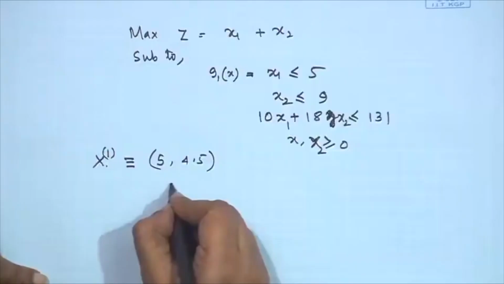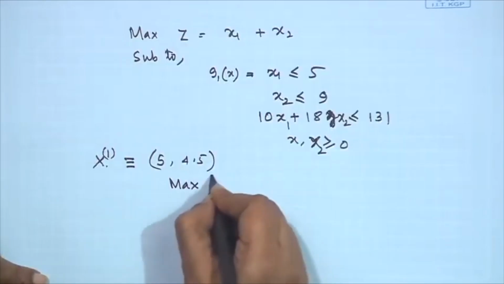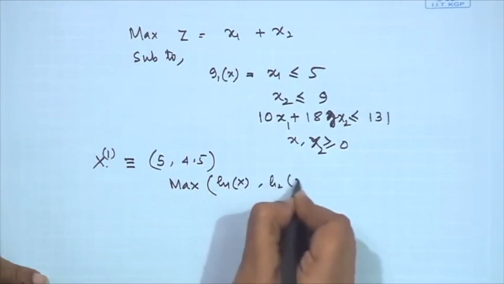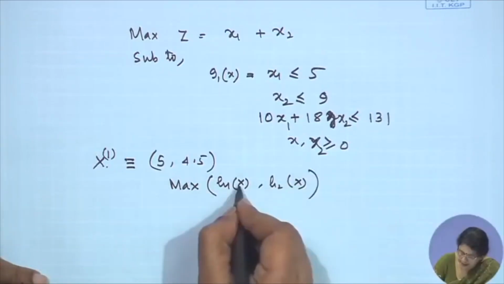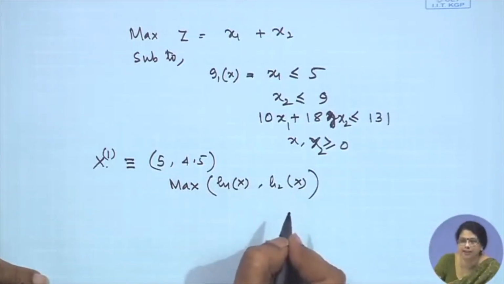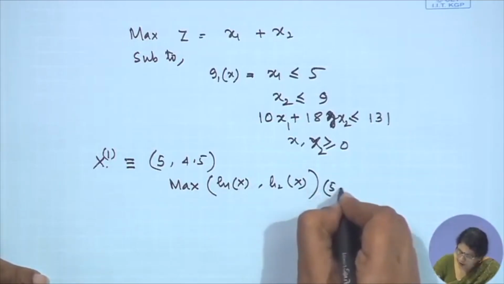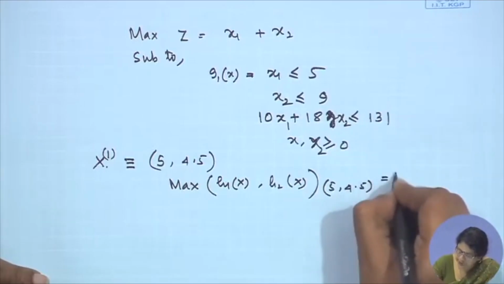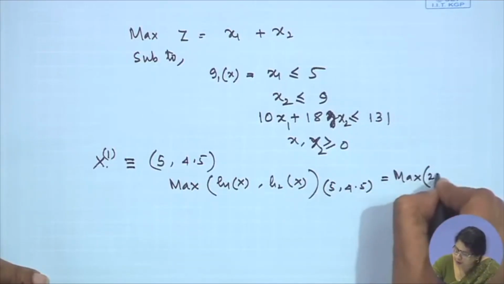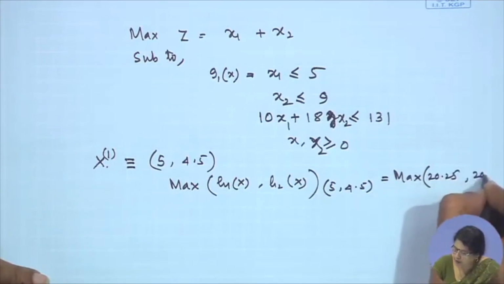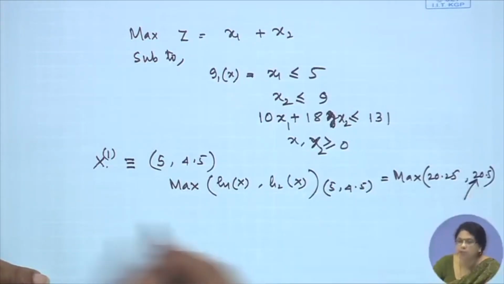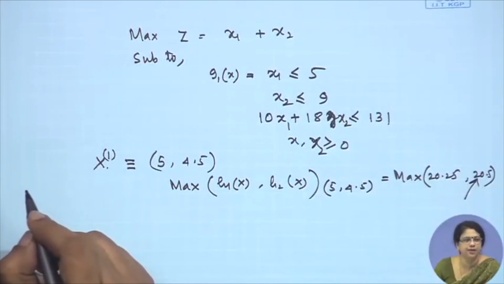If we proceed this way, we will find the maximum value of h1(x) and h2(x), where X is the vector (x1, x2), at point (5, 4.5). The values will come as 20.25 and 20.5. We can see that h2 is the most violated constraint here.